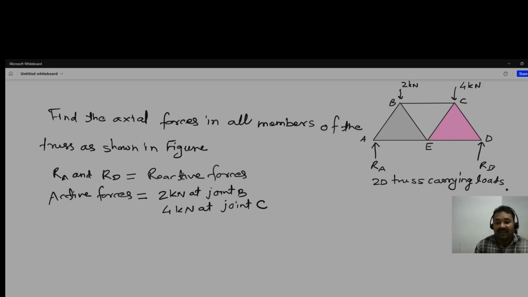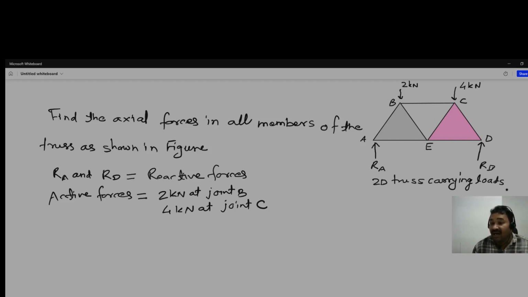Now, due to active forces, the forces are being distributed in the truss. The forces are being distributed among the members like AB, AE, BE.